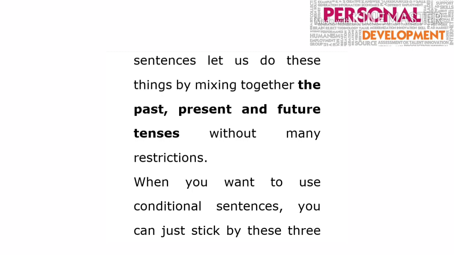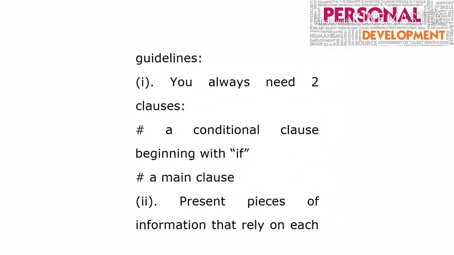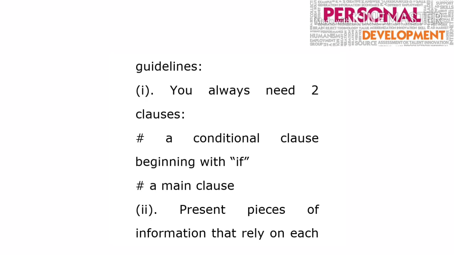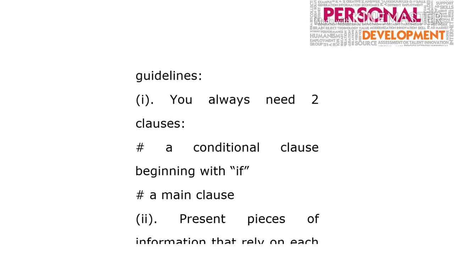When you want to use conditional sentences, you can just stick by these three guidelines. Point 1. You always need two clauses, a conditional clause beginning with if, and a main clause. Point 2. Present pieces of information that rely on each other.